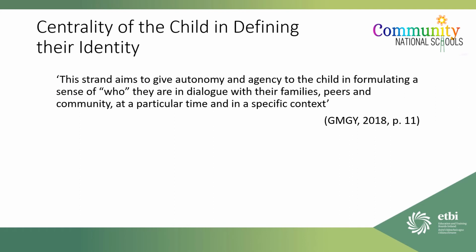When inviting children to bring in artifacts to school, teachers should bear in mind that the My Story strand aims to give autonomy and agency to the child in formulating a sense of who they are in dialogue with their families, peers, and community at a particular time and in a specific context.